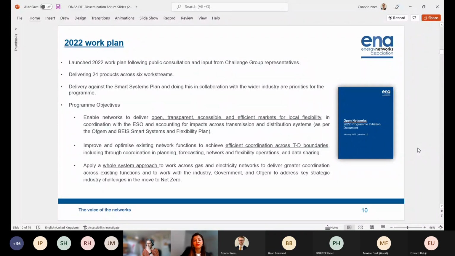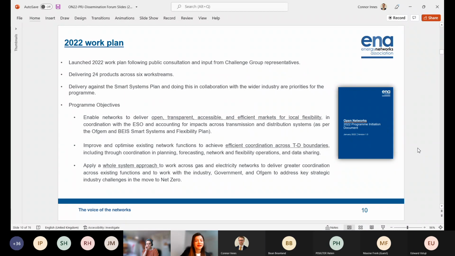We have over 90 deliverables planned to deliver this year. So it's definitely quite an ambitious scope, and it's going to be another busy year for the program. I mentioned the Smart Systems and Flexibility Plan earlier. That is one of our key priorities for Open Networks, basically delivering against that plan and making sure that we are delivering those actions in collaboration with the wider industry.